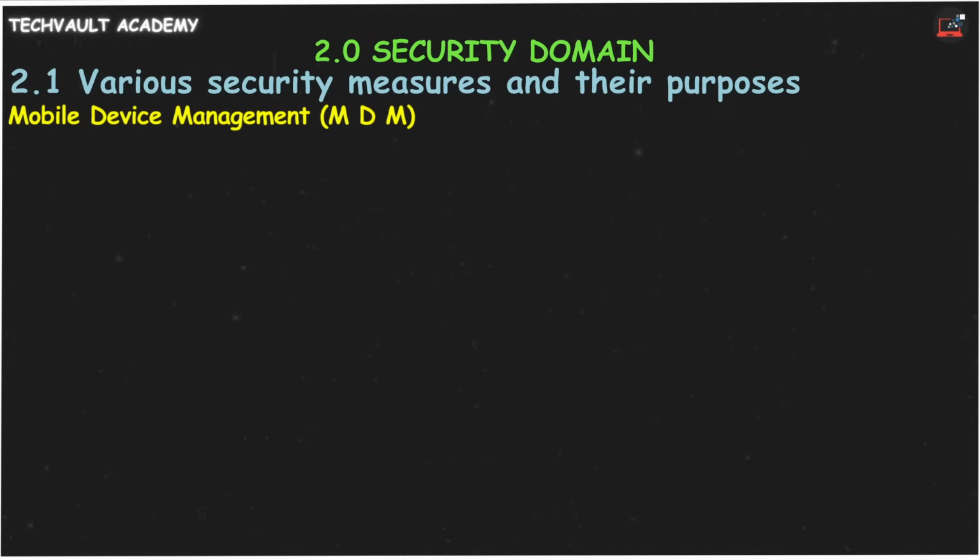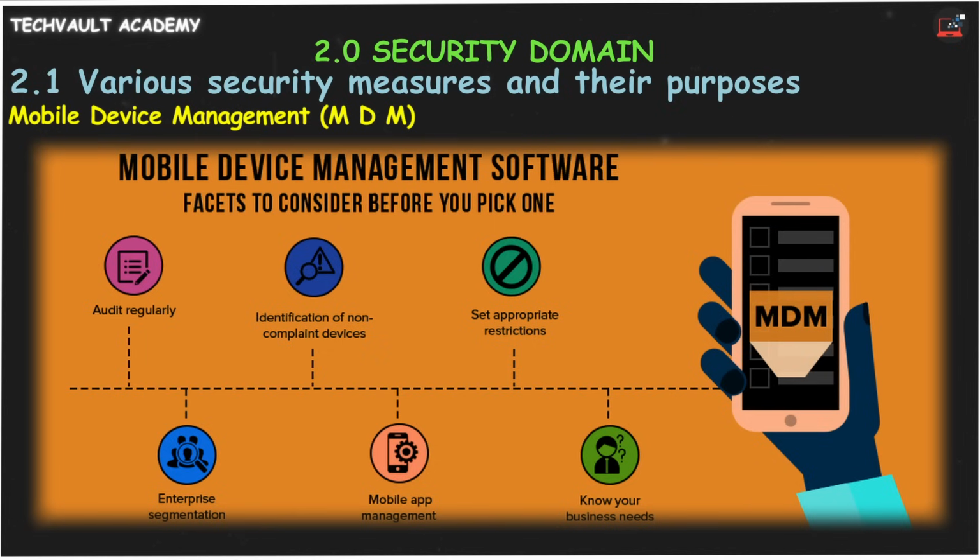Mobile device management, MDM. MDM is about centrally managing and securing mobile devices, smartphones and tablets, in an organization. It allows IT administrators to push updates, configure devices, enforce policies, and even remotely lock or wipe lost or stolen devices. Examples: Microsoft Intune, VMware AirWatch, Cisco Meraki, and SOTI MobiControl.